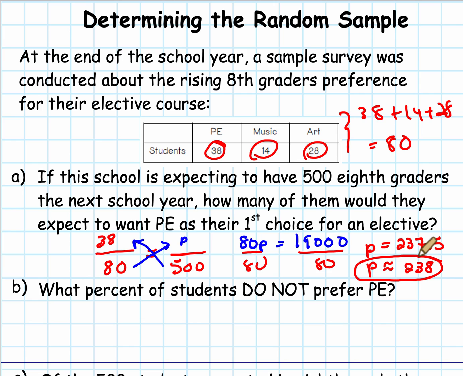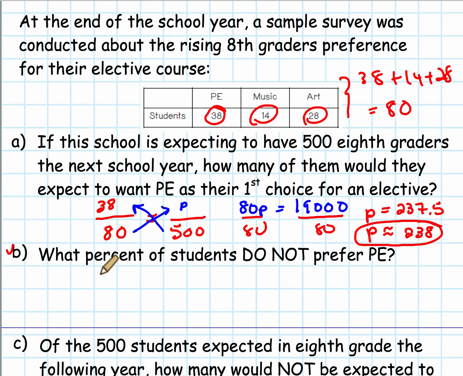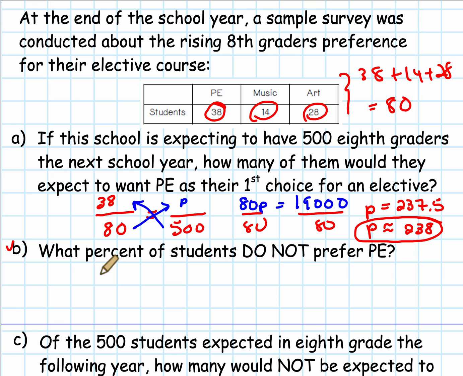Okay, now let's move to the second one. If we were looking at the same data and asking what percent of students do not prefer PE, we're not looking at a specific number, we're looking at a percent. It also says do not prefer PE. Well, who are the people in the survey that didn't prefer PE?